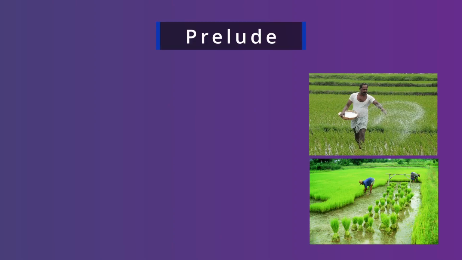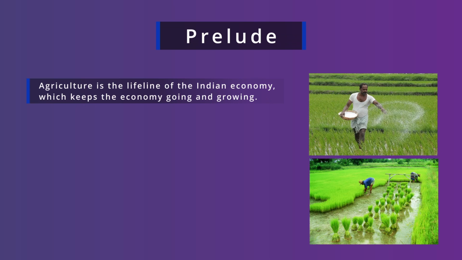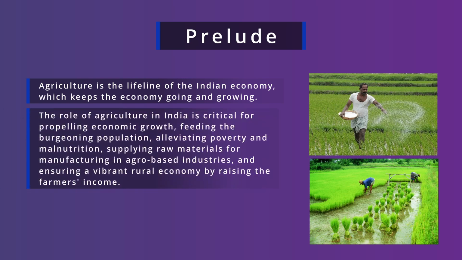Now, to start with, we all know that agriculture is the lifeline of Indian economy that keeps the economy going and growing. The role of agriculture in Indian economy is important not only for propelling economic growth, feeding the burgeoning population of the nation, alleviating poverty and malnutrition problem, supplying the essential raw materials for the agro-based industries, but also to ensure a vibrant rural economy by raising farmers' income.